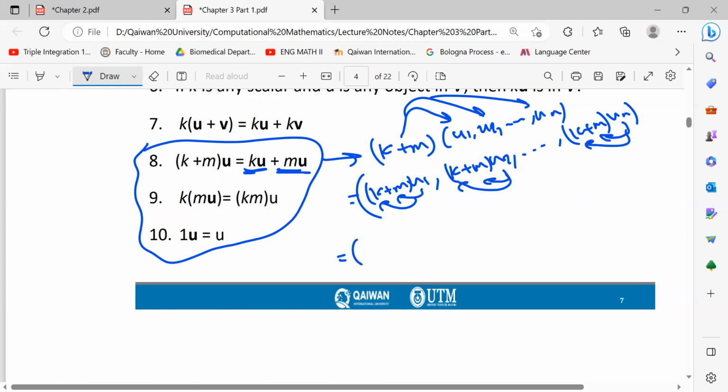We get ku1 plus mu1, ku2 plus mu2, up to kun plus mun.